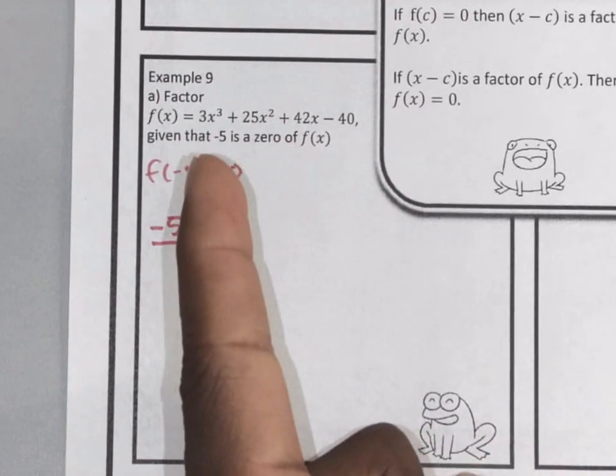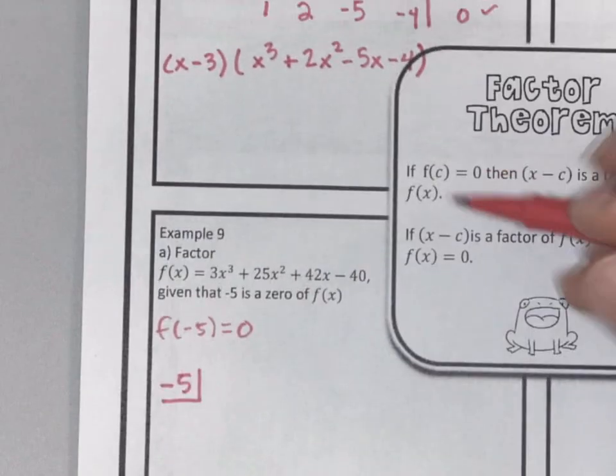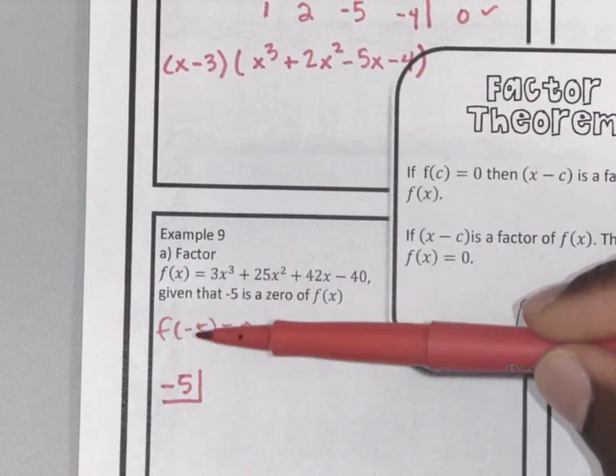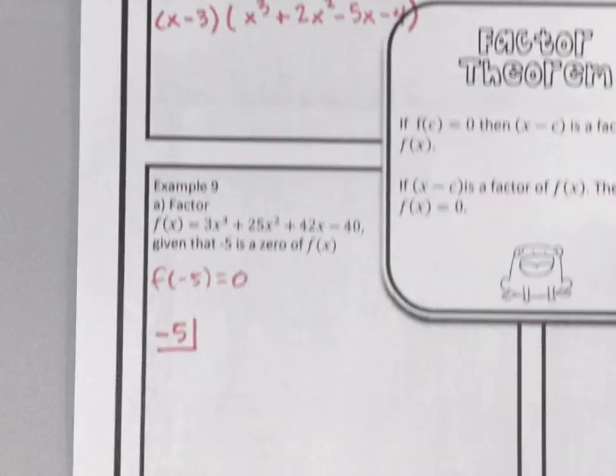So you guys take a second and divide this. Let's even write what we have once we factor out this x plus 5. And then we'll continue solving from there.